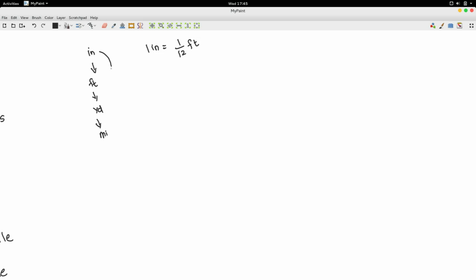That will convert inch to feet. To convert feet to yard, we know 1 yard is 3 feet. This would imply 1 foot is 1/3 of a yard. Then you can multiply by whatever number you have to move from feet to yard.